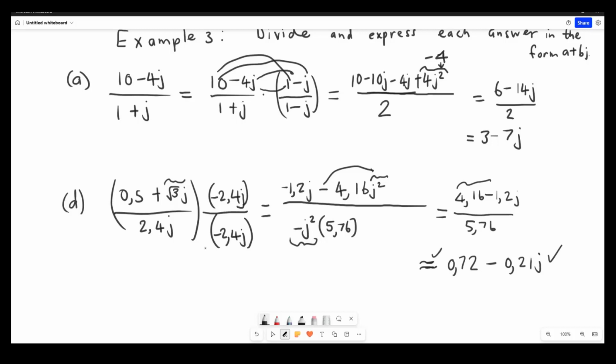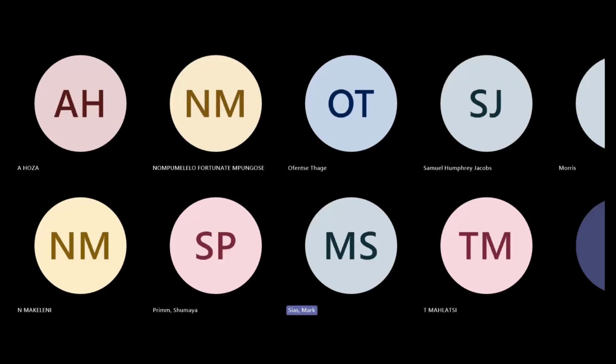So now, guys, for the rest of the time, I want us to look at activity 3. Let me just show you activity 3 quickly. Let me share the screen with you. This is what I want us to look at. If you guys can't see it, let me just go there quickly, activity 3.